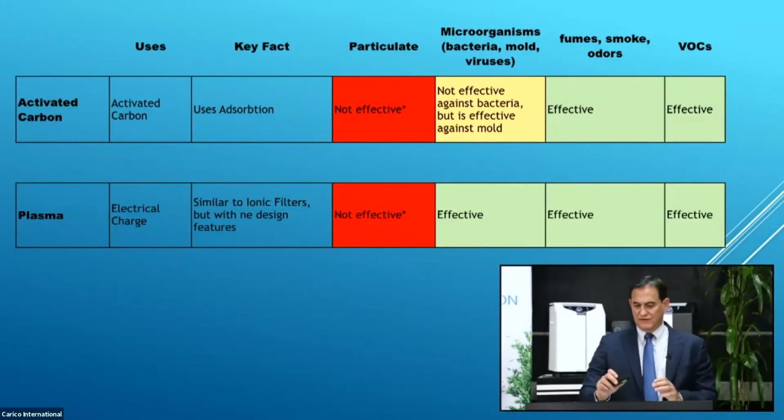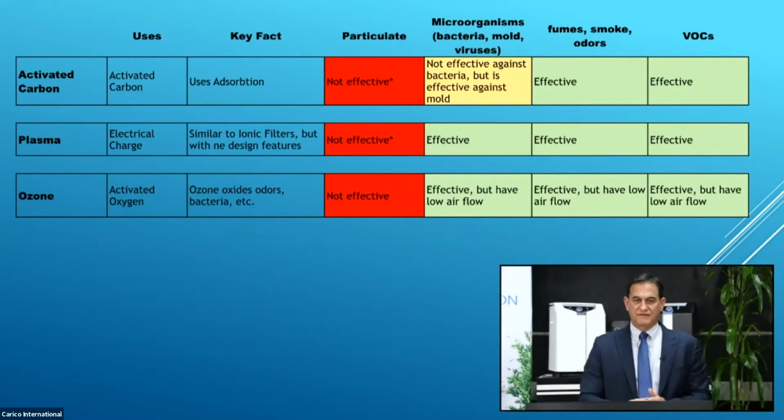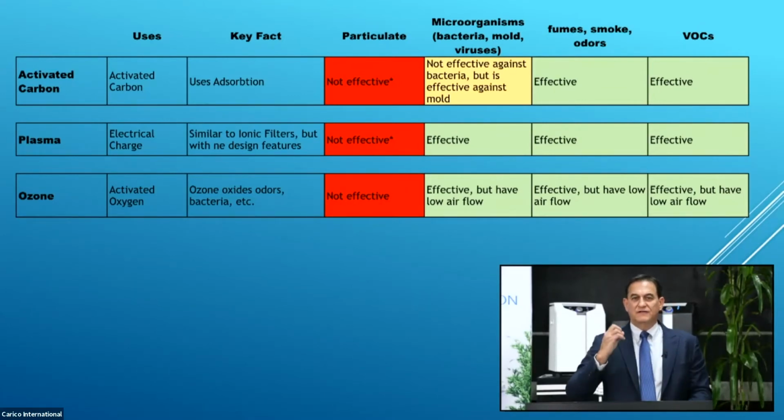The last thing we're going to talk about that's important with filtration is ozone or activated oxygen. Now, ozone or activated oxygen doesn't actually remove particulate matter or dust or anything from the air. What it does is an ozone generator or the Carico unit will release ozone. Ozone is called O3.